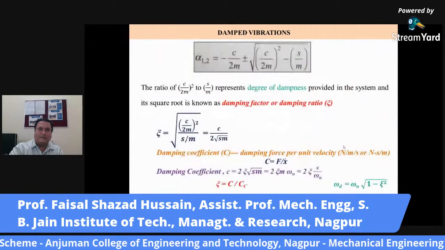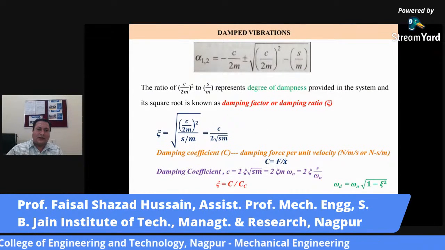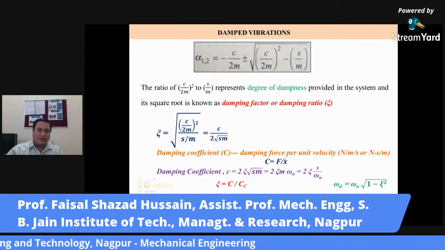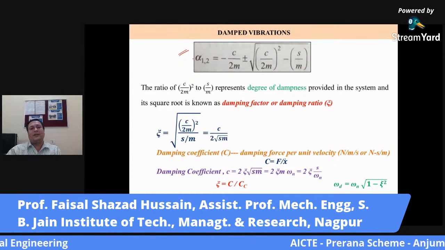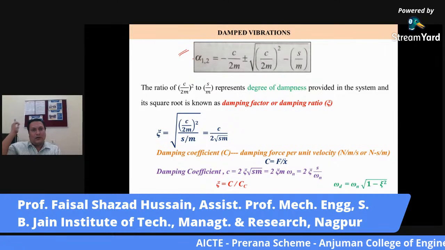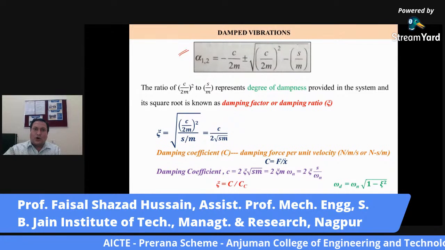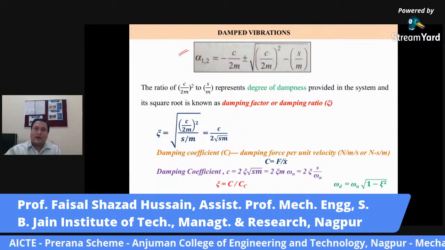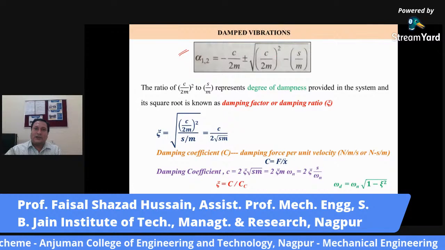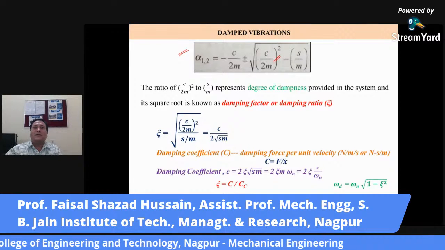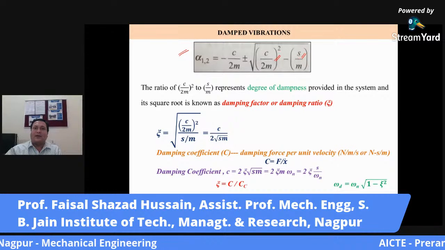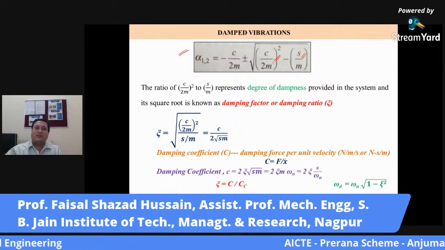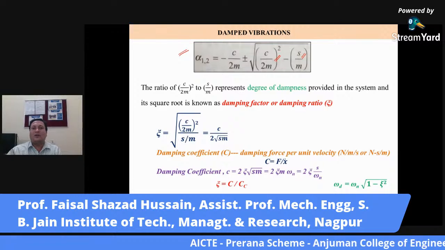Now, in this equation for the roots of the auxiliary equation, alpha 1 and 2, the ratio of c by 2m the whole square and s by m, its square root represents what? It represents the degree of damping.